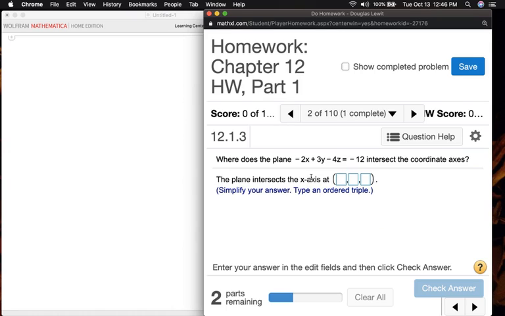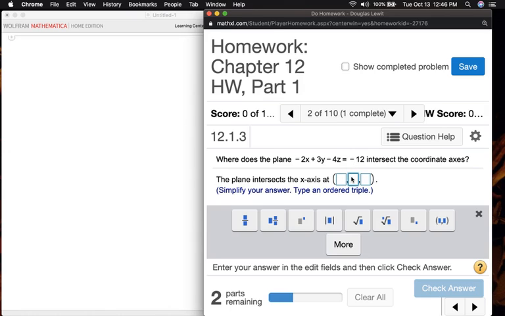Where does the plane negative 2x plus 3y minus 4z equals negative 12 intersect the coordinate axes? This is going to intersect the x-axis when y is 0 and z is 0. And then we're left with negative 2x equals negative 12, so x is going to have to be 6.